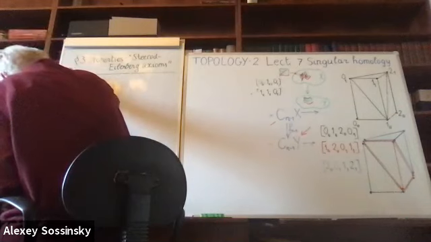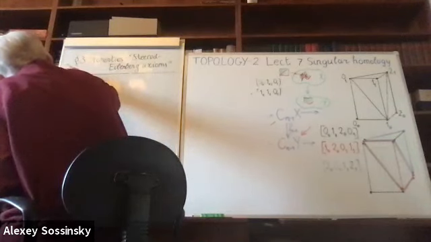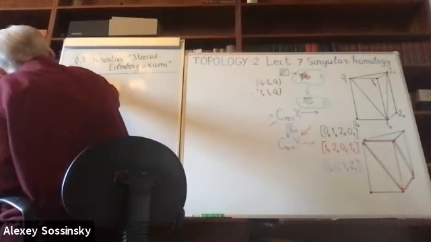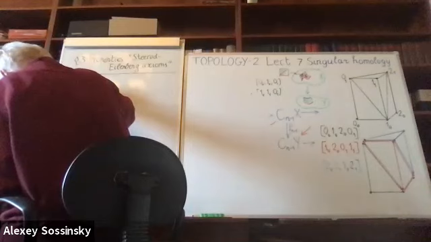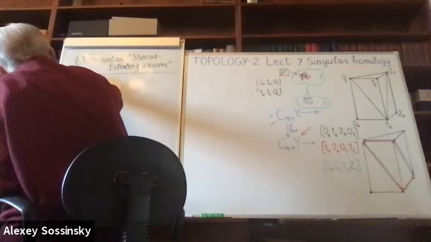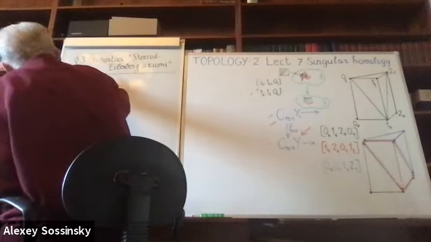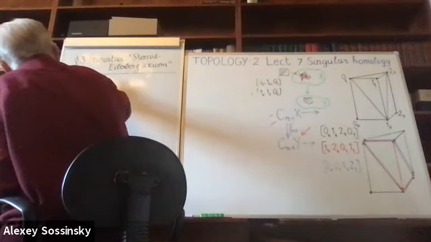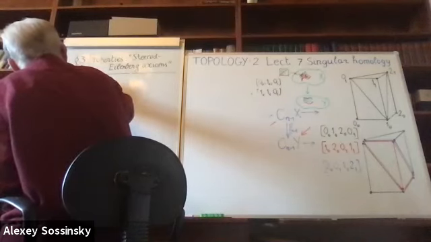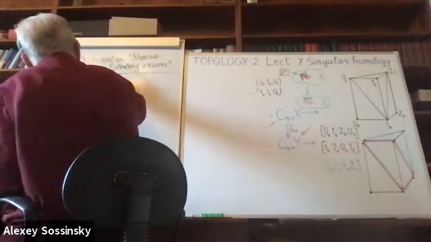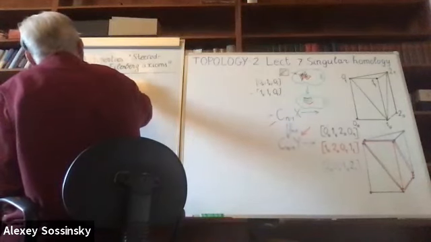Here are the main properties of singular homology. First, I will explain what the homology functor is. So the homology functor, what does it do? For any n greater than or equal to 0, we have an assignment to any topological space.